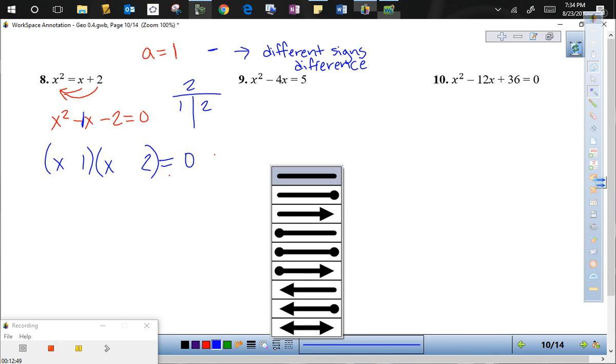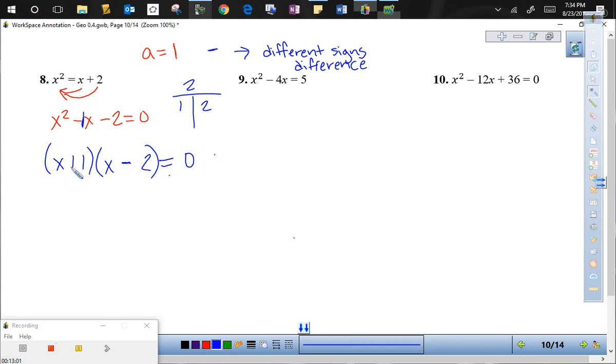We're going to look again at that middle term. That middle term sign will always go with the larger number. So in this case, it's negative. That's going to go with the larger number 2, which means the 1 gets the plus. So x equals opposite -1, opposite +2.